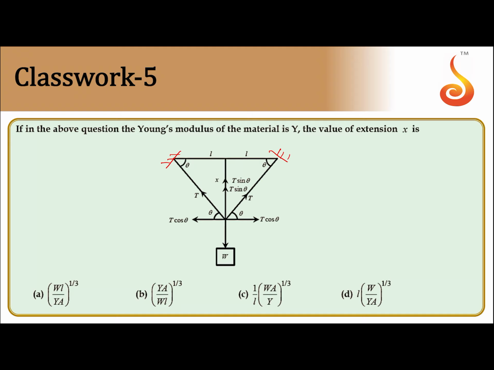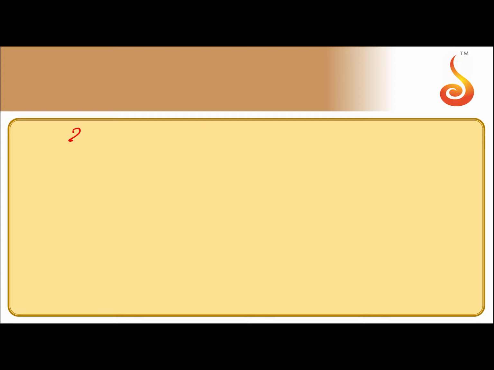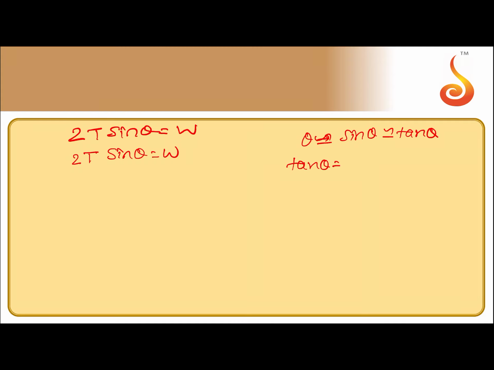We have 2T sin theta equal to W. For small angle, sin theta can be approximated as tan theta, and that is also approximately equal to theta. From the triangle, tan theta is approximately equal to theta, which is approximately equal to x by L.